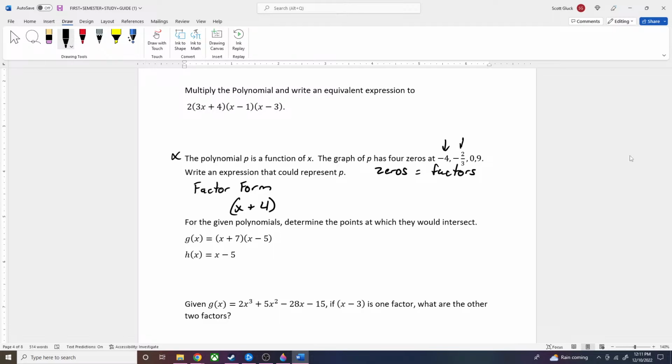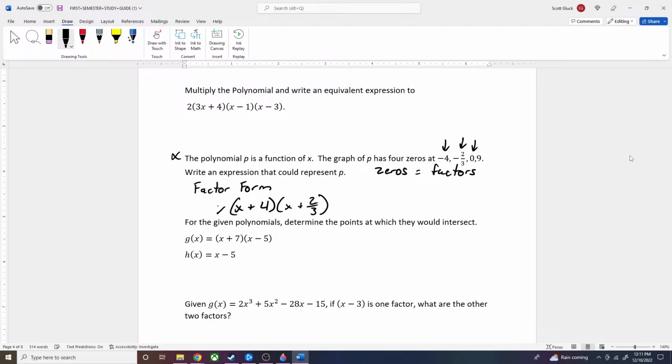With a 0 at -2/3, you can have a factor at x plus 2/3, just like that. The weird one here is this 0 right here, because remember, if you've got a 0 at a point, then x minus that value is a factor, but x minus 0 is just x.